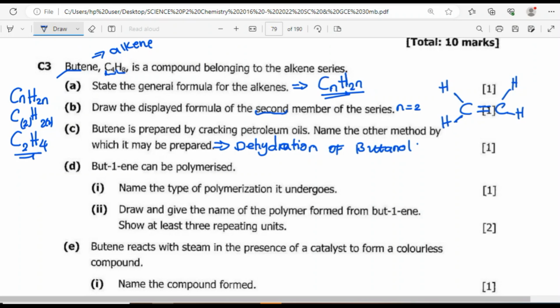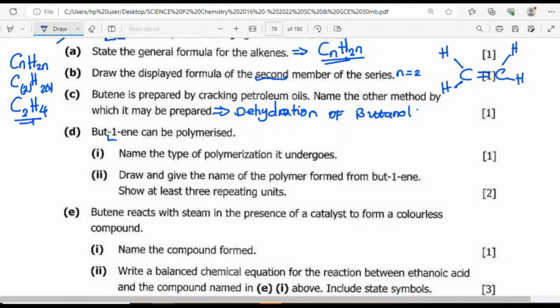Then but-1-ene can be polymerized. What does this number mean here? Let's look at but-1-ene. If you are to draw the structure, we are going to have 4 carbon atoms. Whenever we have a number here, the number indicates where the carbon double bond is.